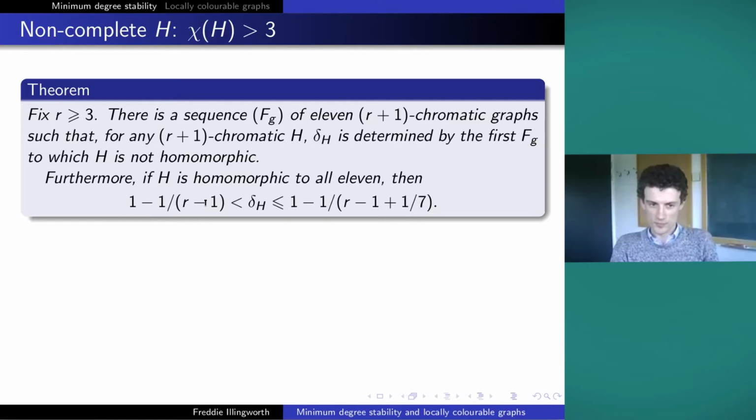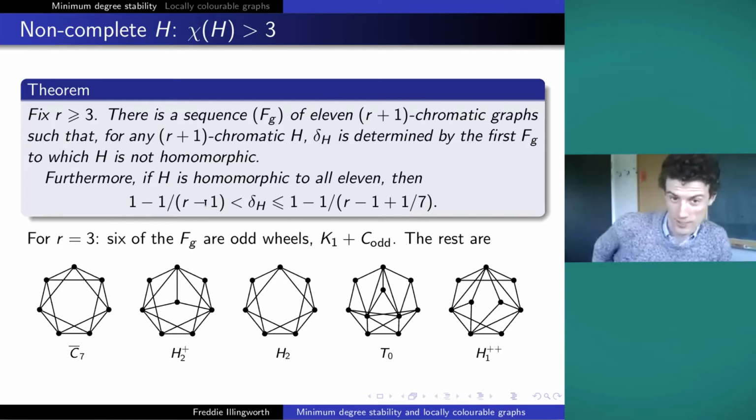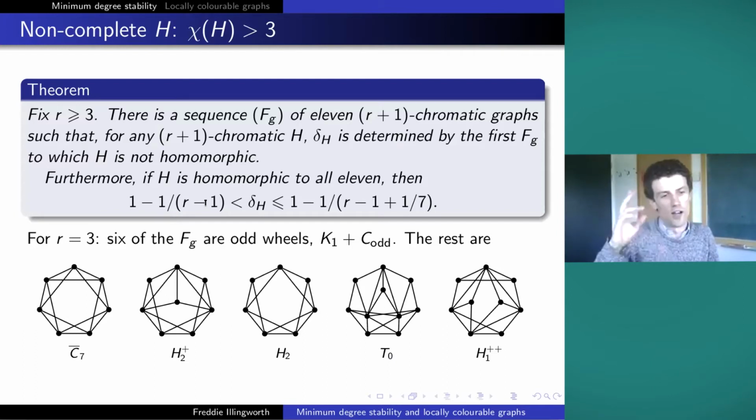And that's true. So 6 of these graphs are odd wheels. And for higher R, you just take a clique joined to an odd wheel. And the other 5 are these slightly strange looking graphs, which possibly, certainly the right 4, you possibly don't see in your life. The one on the left is the complement of the 7-cycle, or alternatively the square of the 7-cycle. But what are these doing?